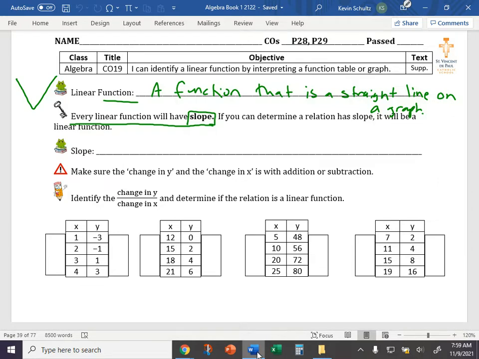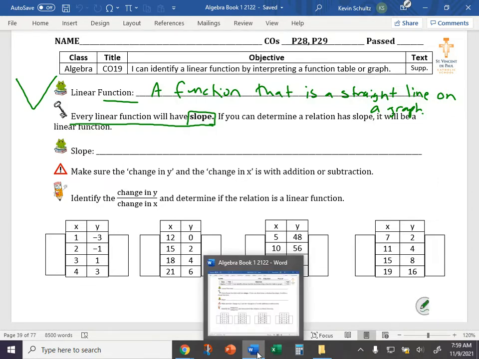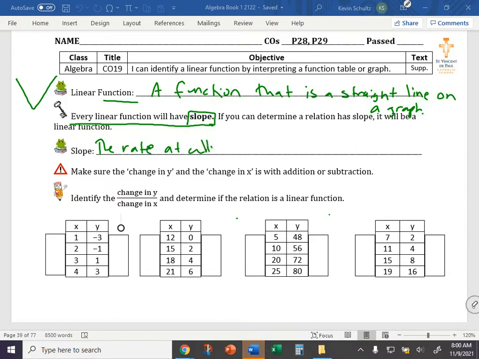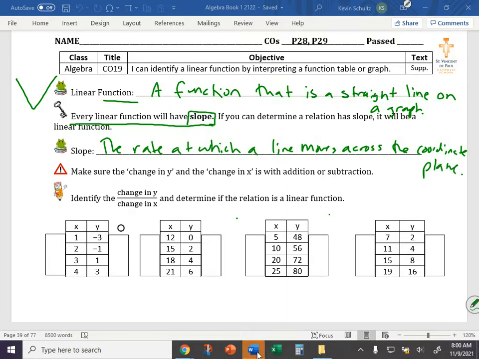And slope is basically the rate at which a line moves across the coordinate plane.